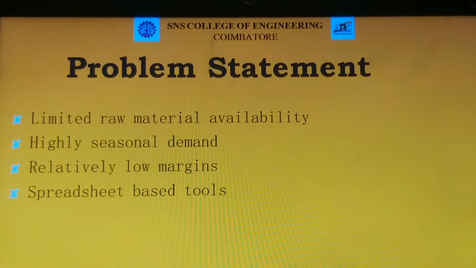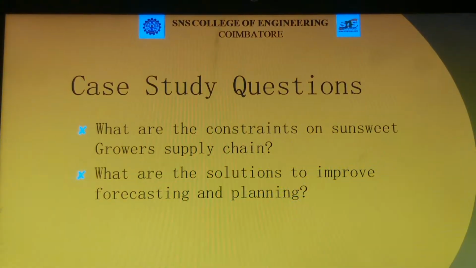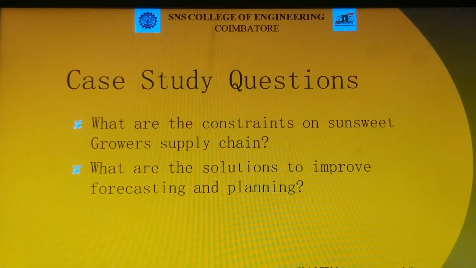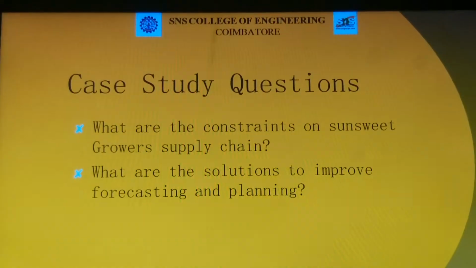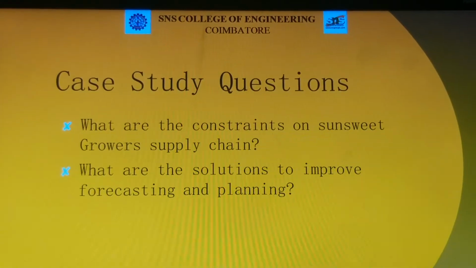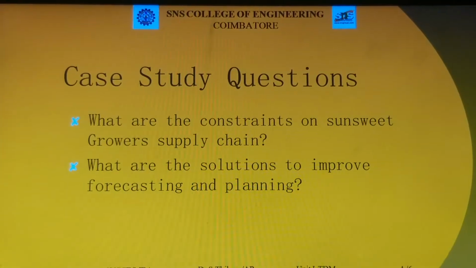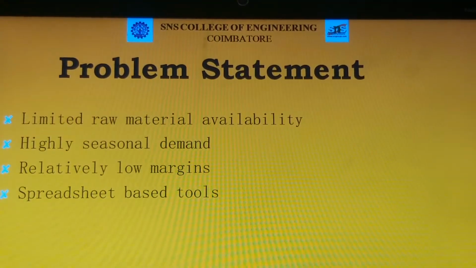So looking into the problem statements, some of the questions to be answered are: what are the constraints on Sunsweet Growers' supply chain, and what are the solutions to improve forecasting and planning of Sunsweet Growers?